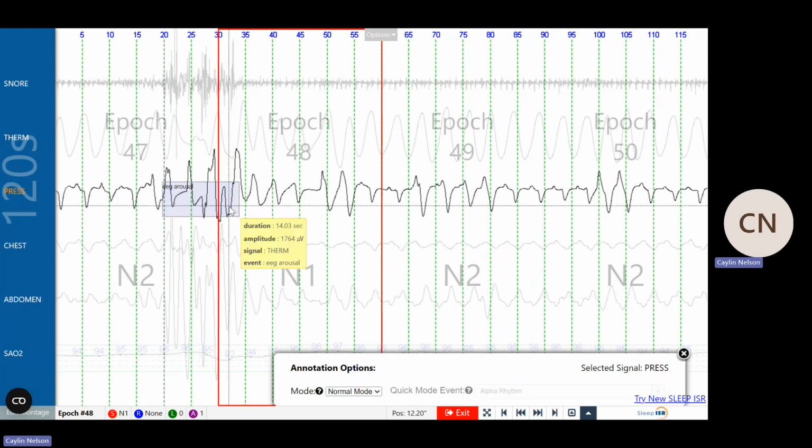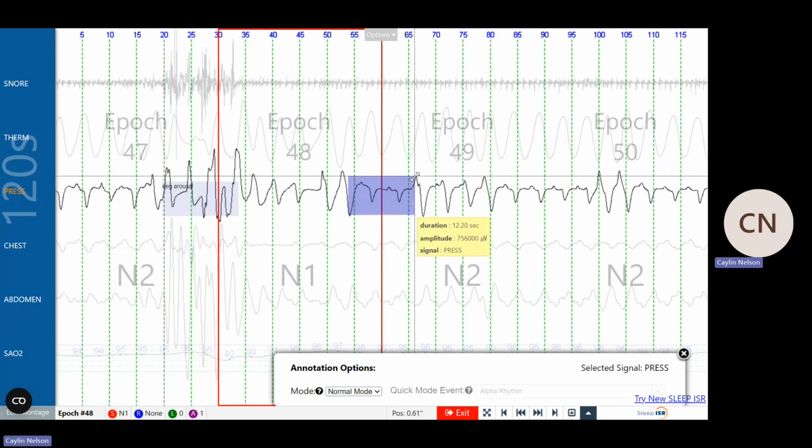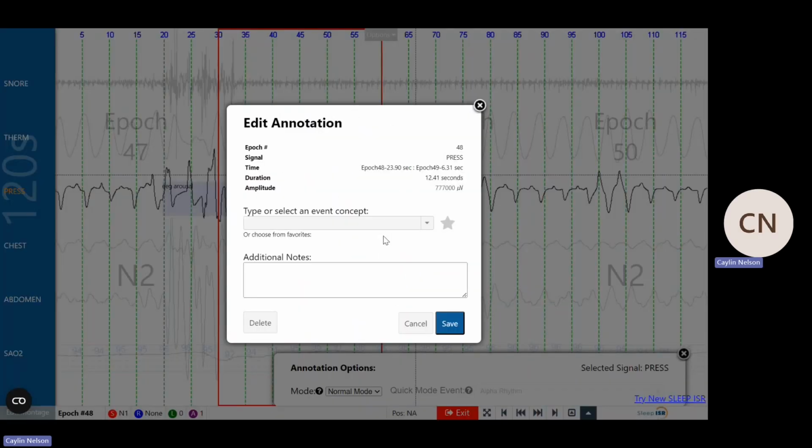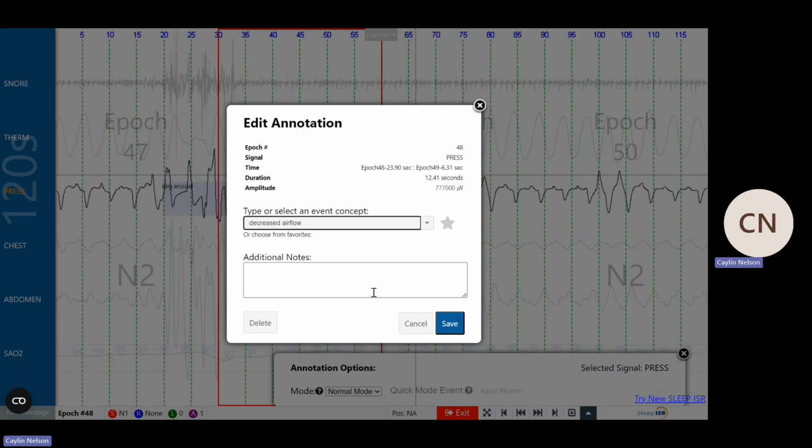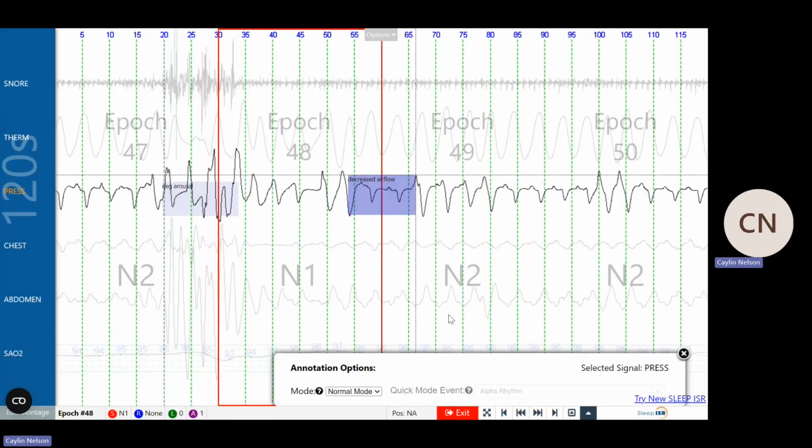We're going to look back here at our pressure channel, and we're going to be looking at the top and bottom of our pressure. You can definitely see around the time of the cough, the top of the pressure channel has increased significantly in amplitude compared to those around it. At this moment here, there's another decreased airflow. Whether it's a hypopnea is something we can look at a little later, once we focus in on the SaO2 channel.